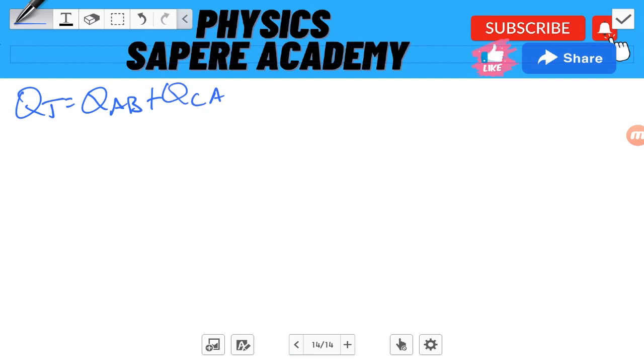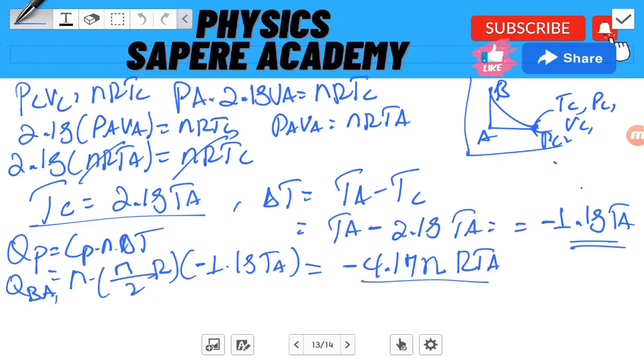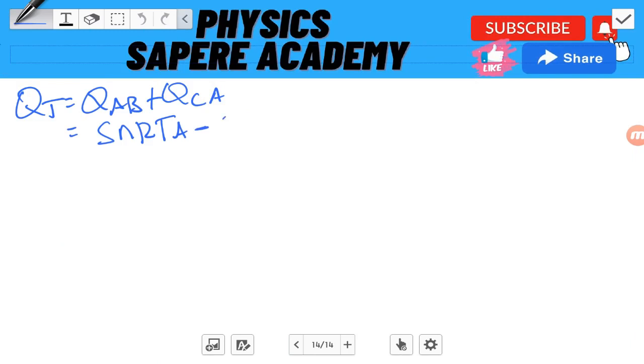And so when I substitute these into the given value, I have found QAB to be 5nRTA, and I have found QCA to be minus 4.17 nRTA.